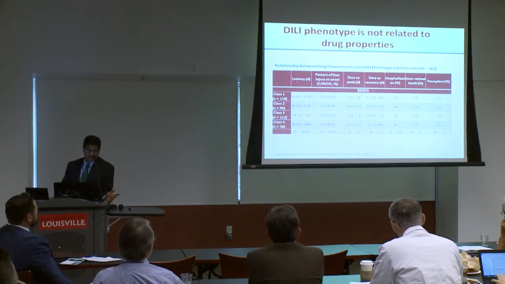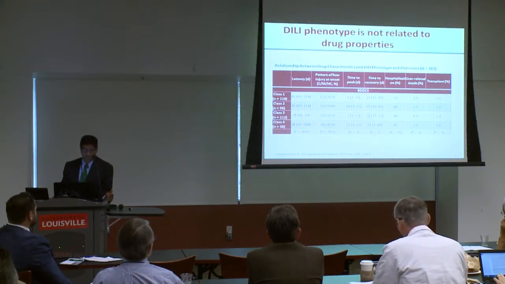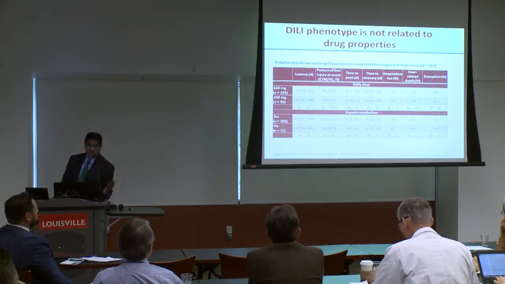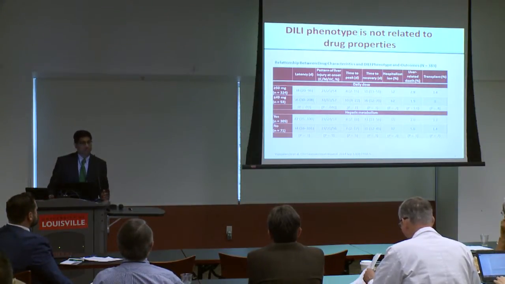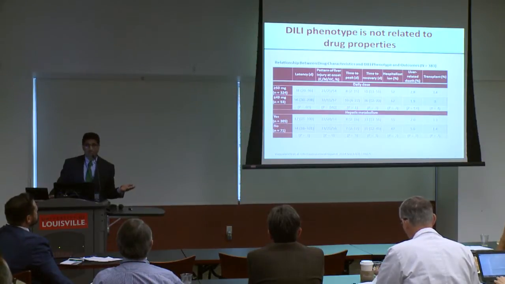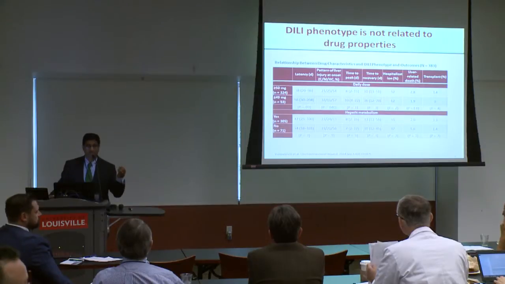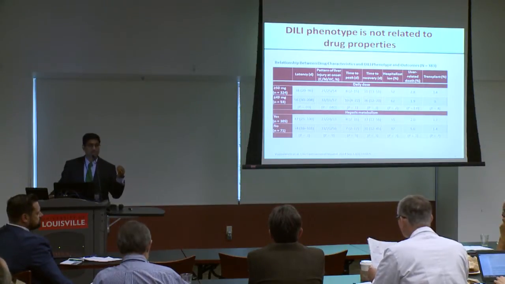The only difference we saw was that the pattern of liver injury was slightly different, but clinically it didn't make much of a difference. So based on this work, we think that maybe the drug properties may decide the risk of injury, but once the injury happens, it's the host who decides the outcome.